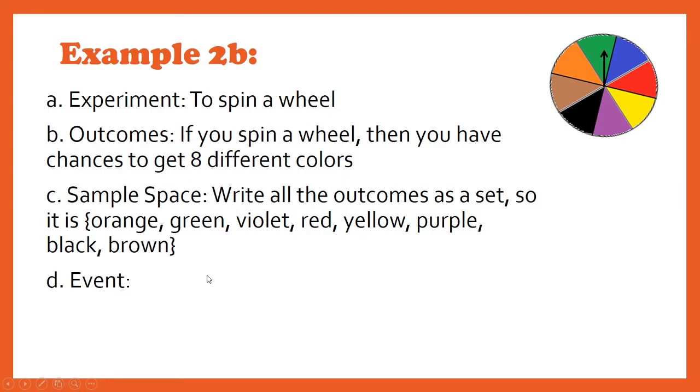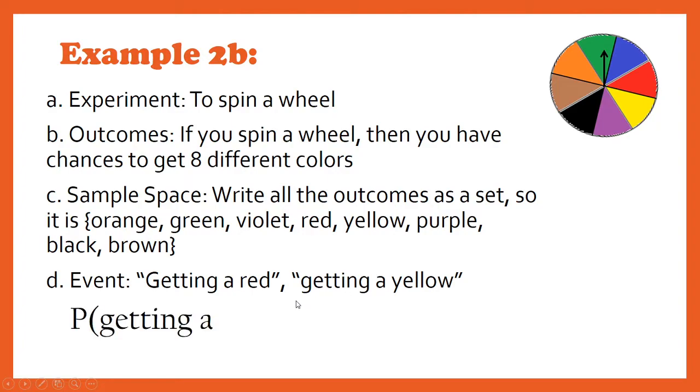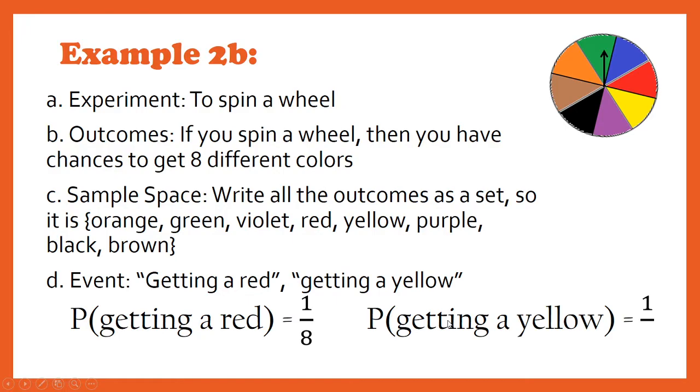And then, the event is either getting a red or getting a yellow. So, the probability of getting a red is 1 over 8. For getting a yellow, it is also 1 over 8. So, remember, pag sinabi natin simple event, it only gives us a single outcome.